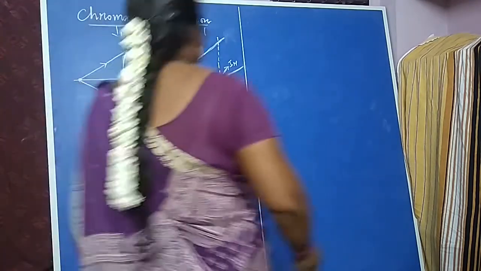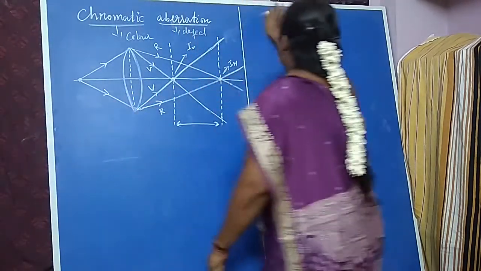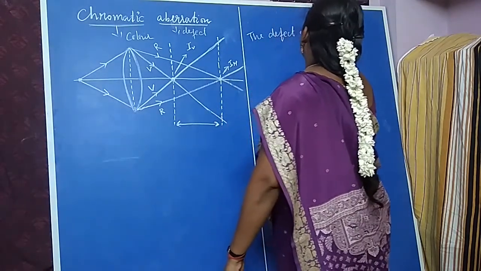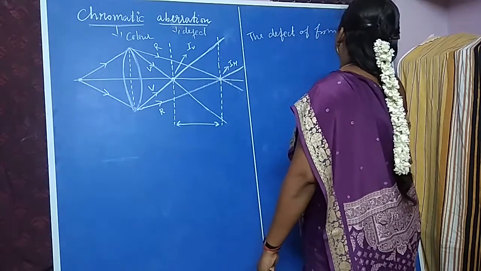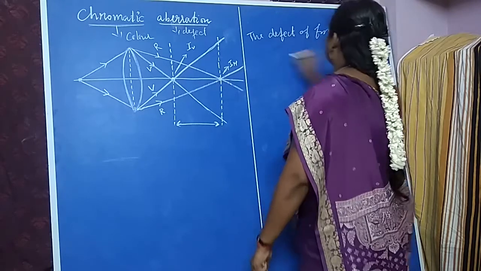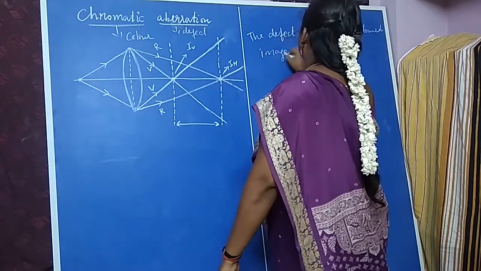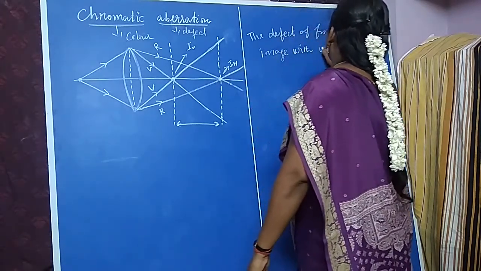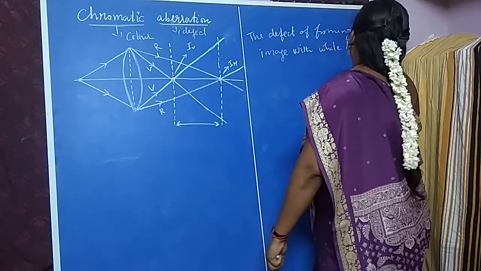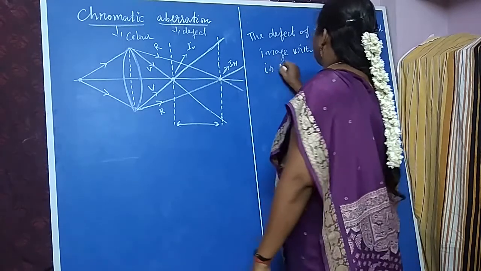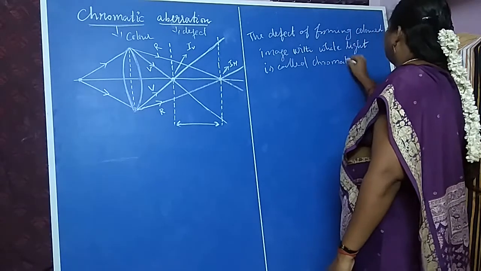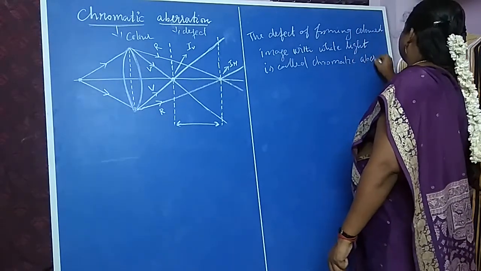So, chromatic aberration is the defect of forming colored image with white light. It's called chromatic aberration.